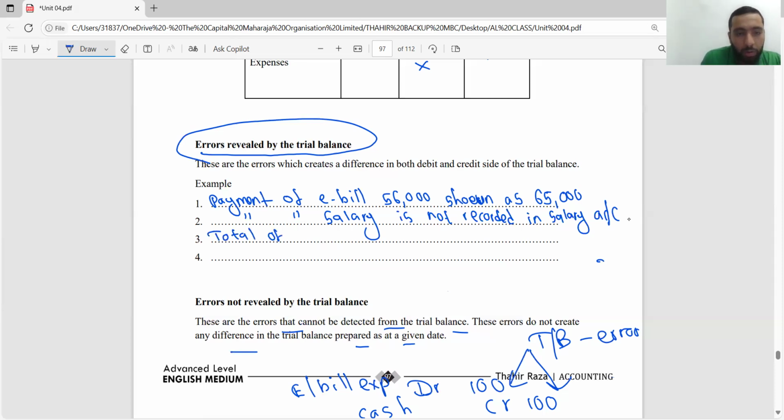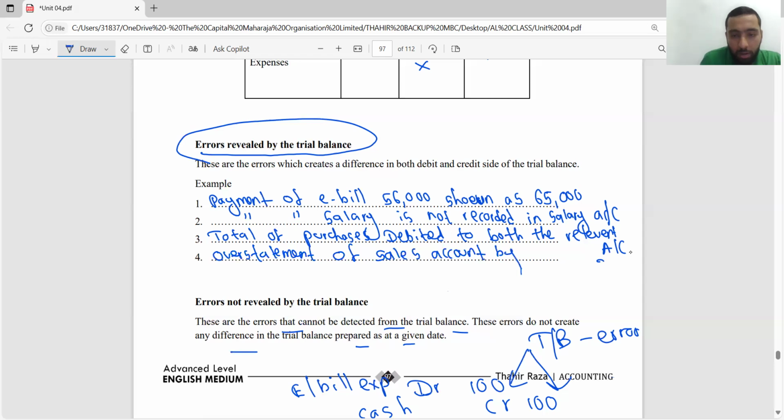Number 3, total of purchases debited to both the relevant accounts. Number 4, overstatement of sales account by 50,000.